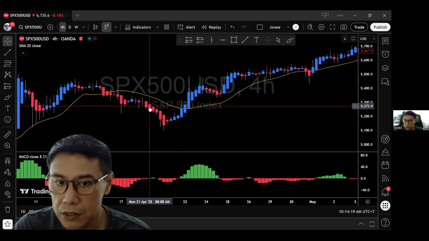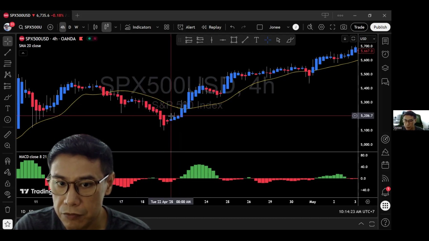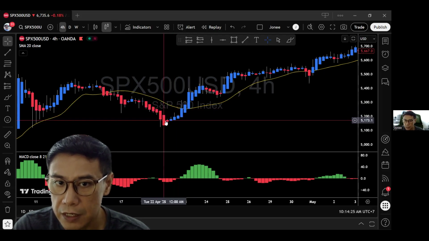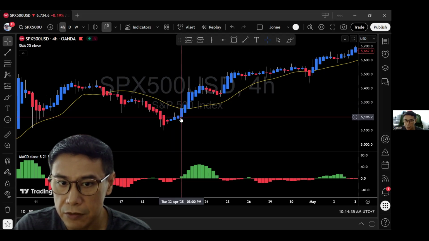Okay. So once I see this bearish move, 1, 2, 3, 4, 5, 6 right there in the MACD, I would then look for a histogram flip to the bullish side. So now this candle right here is a green MACD, so it's now above zero.